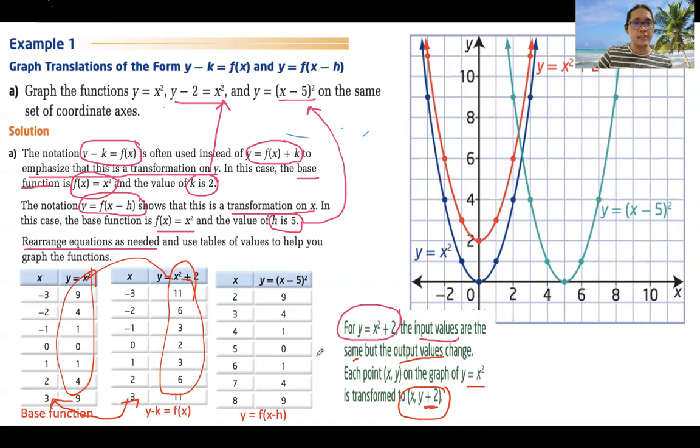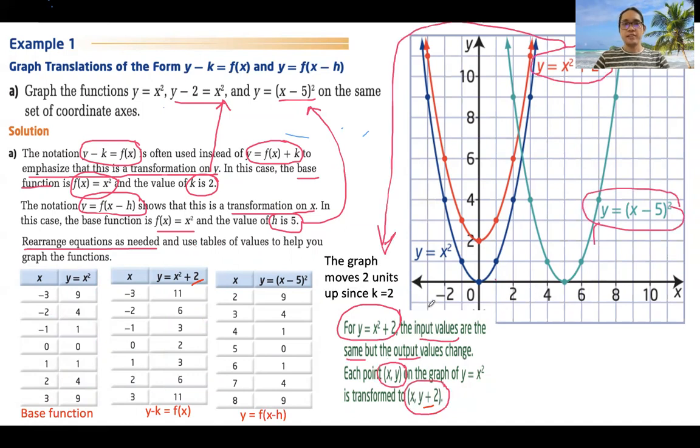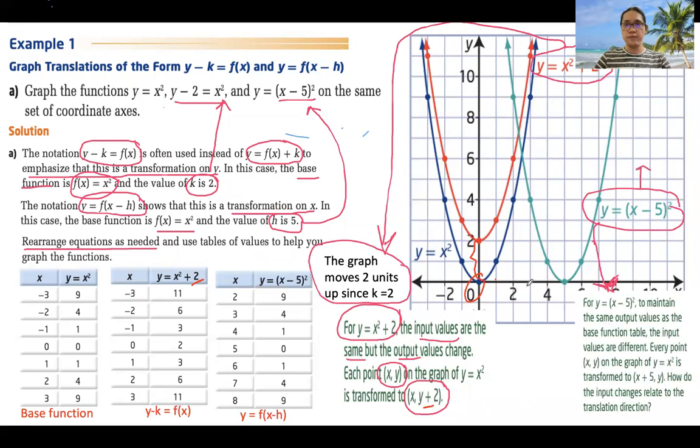As you can see, we add 2 in here since our k is 2. So once again, we have y plus 2 because your k is 2 based on the given. Next, the graph moves 2 units up since k is equal to 2. So from here, you move it 2 units up. I hope we can follow.